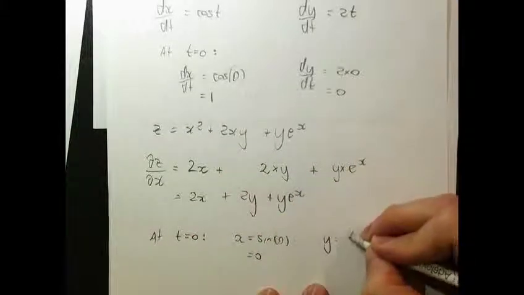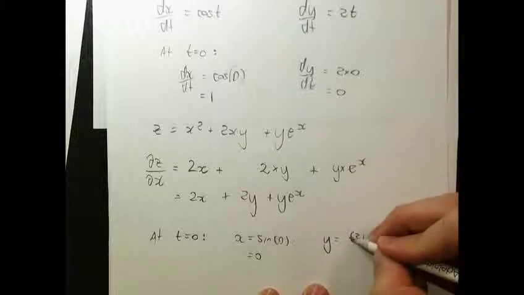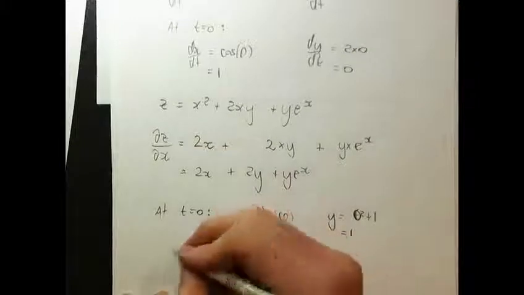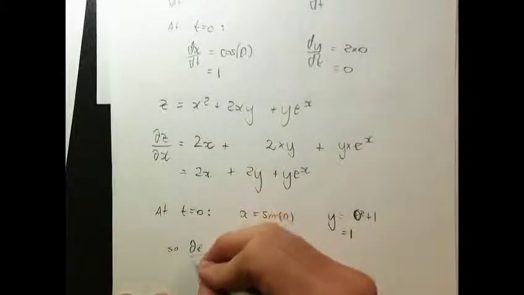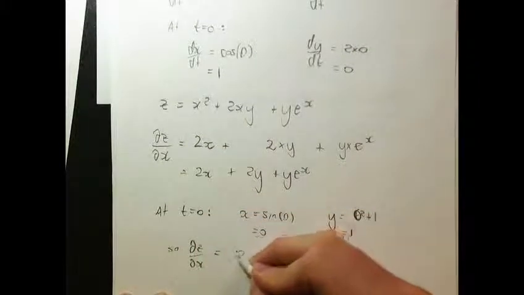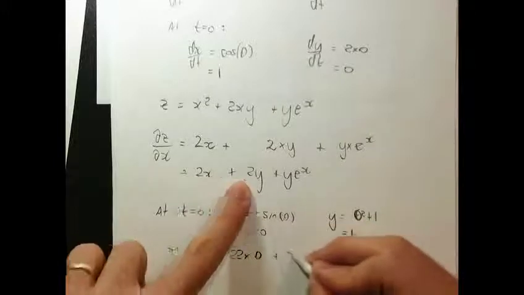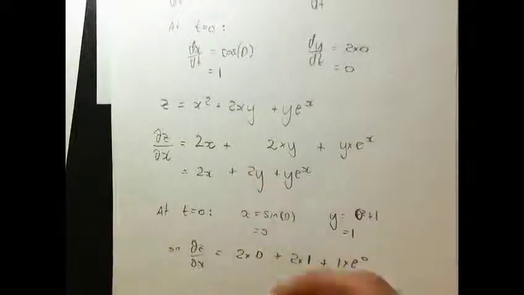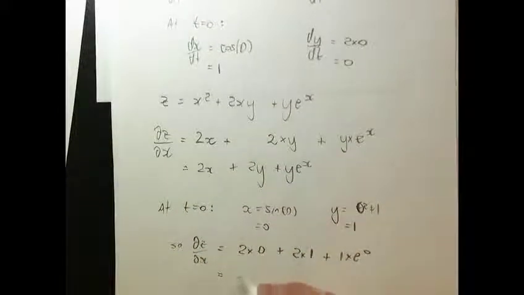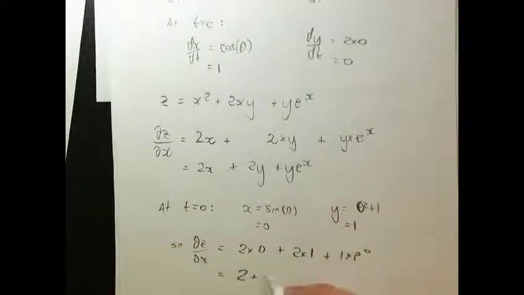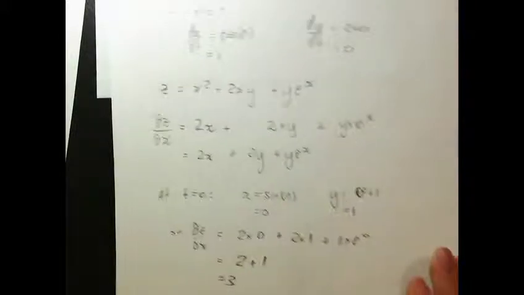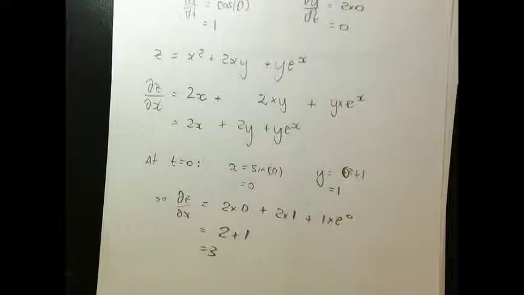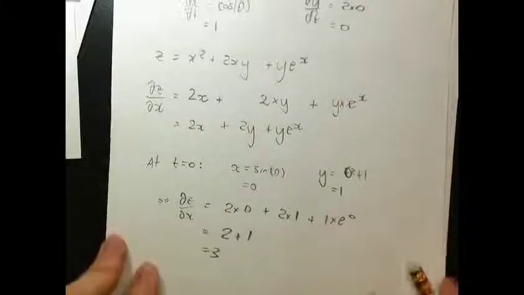Y equals t squared plus 1, so 0 squared plus 1, which is 1. And then I sub them both in, so dz on dx comes out to 2 times 0 plus 2 times 1 plus 1 times e to the 0, which is 2 plus 1, which is 3. Great. Always nice when it works out to be a whole number and not something involving e.